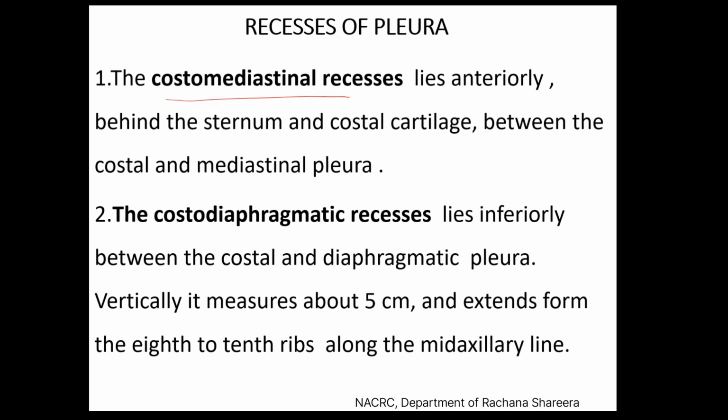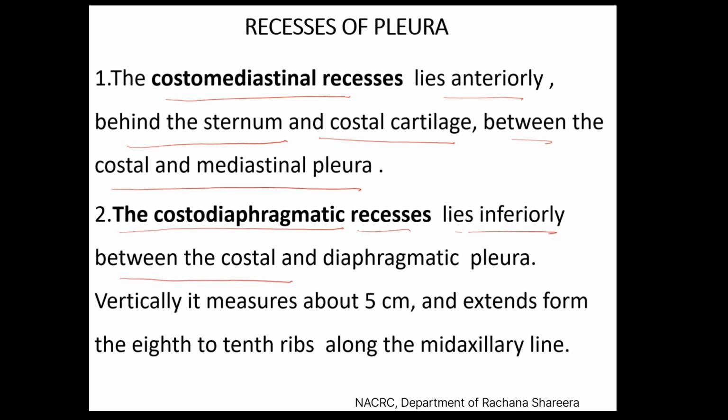The costomediastinal recess lies anteriorly behind the sternum and costal cartilage between the costal and mediastinal pleura. The costodiaphragmatic recess lies inferiorly between the costal and diaphragmatic pleura. Costal and diaphragmatic pleura vertically measure 5 cm, extending from the 8th to 10th rib along the mid-axillary line.